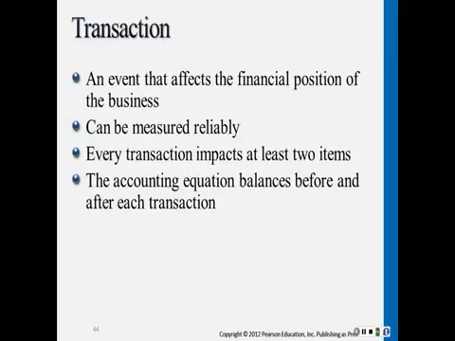A transaction is an event that affects the financial position of a business, and it can be measured reliably. Transactions affect what the company owns, owes, or its net worth. So we have assets, liabilities, and equity. An accountant records only those events that have dollar amounts that can be measured reliably, such as the purchase of a building, sale of merchandise, or the payment of rent.